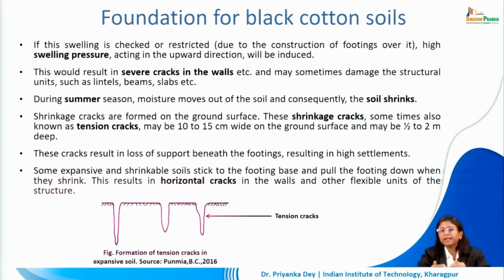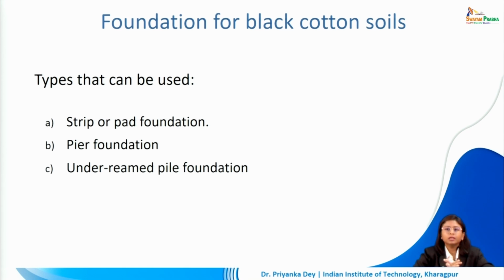Now some expansion and shrinkage has to be accommodated within this black cotton soil in order to prevent the formation of cracks in the superstructure walls. Now for this, special attention has to be paid to certain aspects of foundation design, which we are going to discuss today in detail. Various types of foundation can be used in black cotton soil.